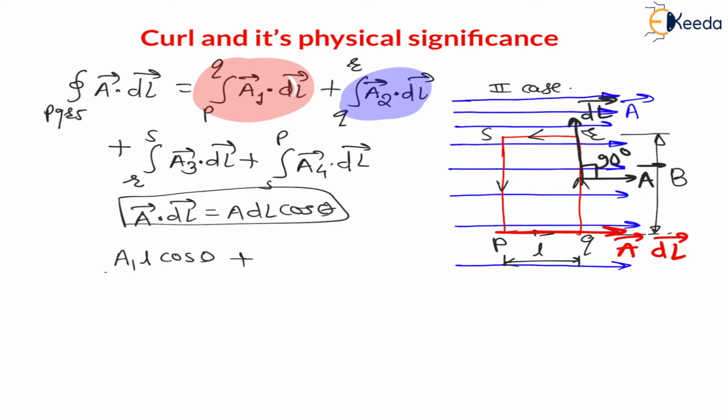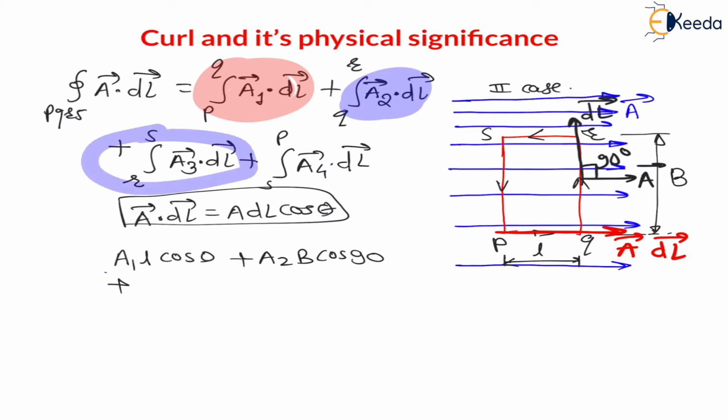Therefore, my dear students, for the second term it will become A2 B cos 90, since the integration of dl from Q to R is nothing but the distance between Q and R, which is B. Plus, similarly for the third term, for this term also we can write.